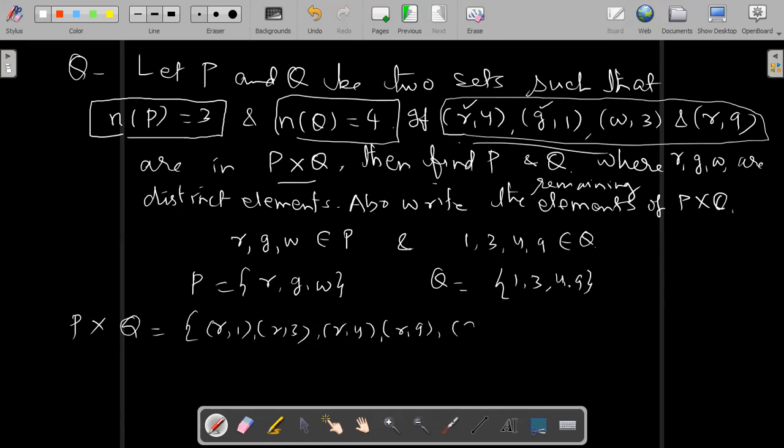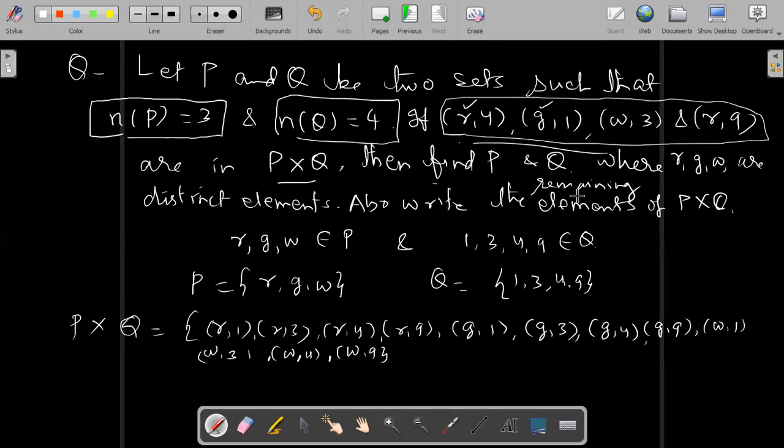Then G1, G3, G4, G9. Then W1, W3, W4, and W9.